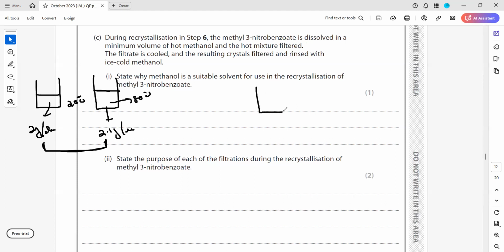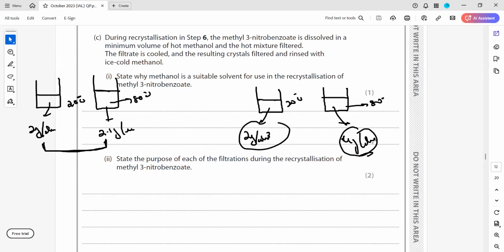But a solvent which has a greater change in the solubility as the temperature changes, for example 2 grams per decimeter cube at 20 degrees and 4 grams per dm cube at a higher temperature, is the solvent which we prefer.